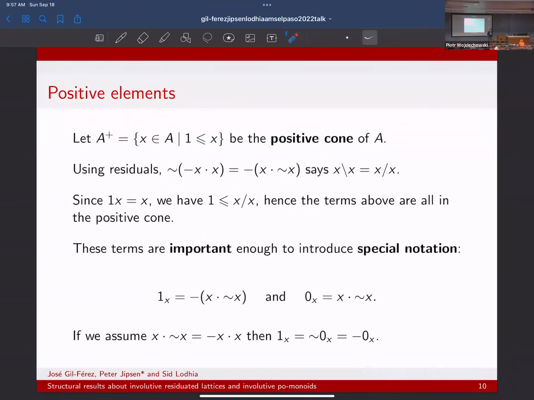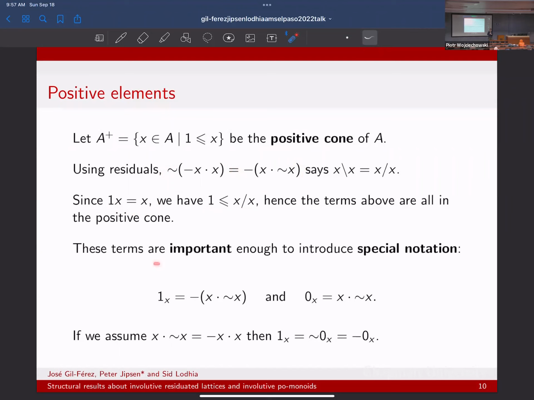So we also, this is very standard, that if you have an identity element, 1 times x is x, and then we can residuate it by dividing with the x on the standard side, and we see that 1 is below x over x. And so all these terms here are actually above the identity, so they're in the positive cone.